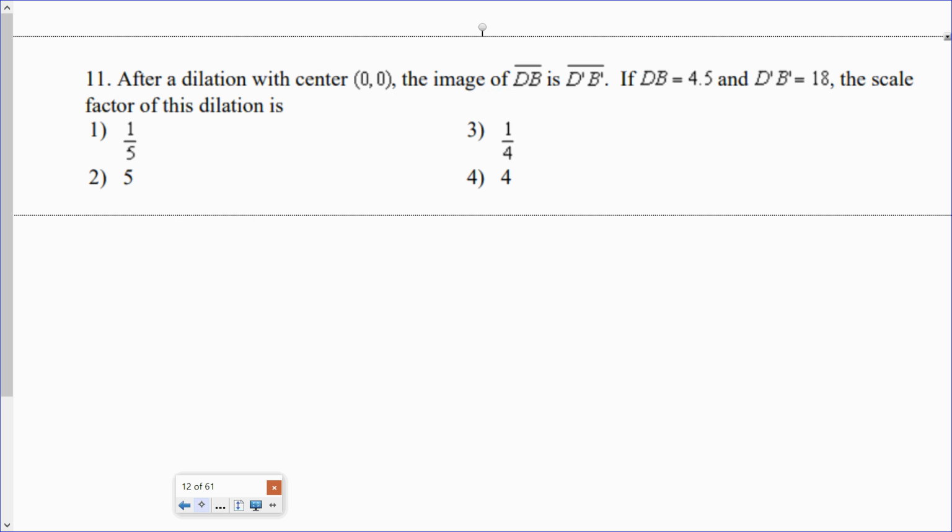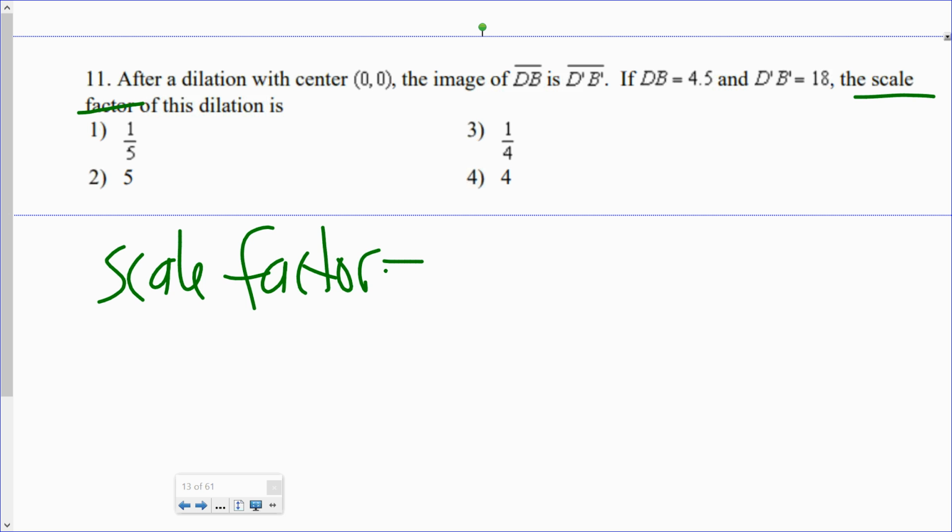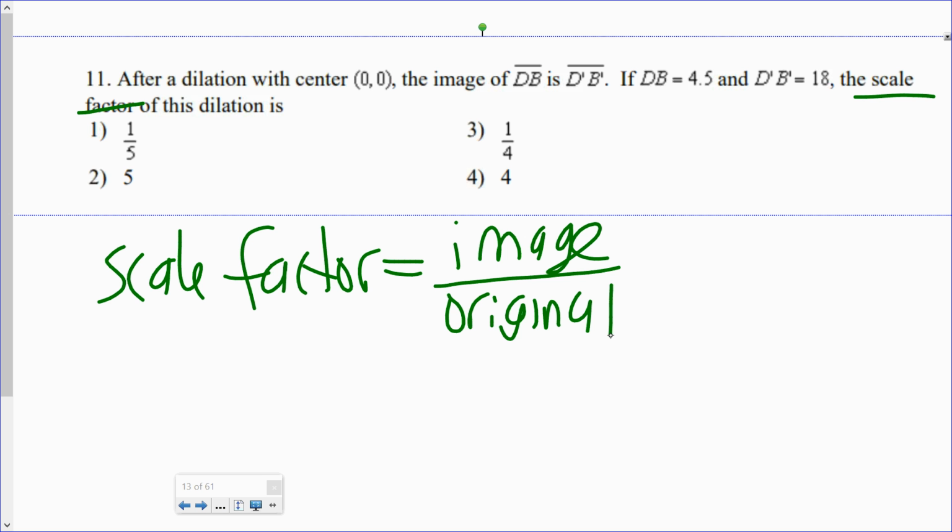Are we done with transformations? Kind of. This is kind of the bridge. After a dilation with a center, and so on, scale factor. You need to know that scale factor is equal to image over original. There are a lot of different ways they can ask a scale factor question, but it's always going to be the image over the original.